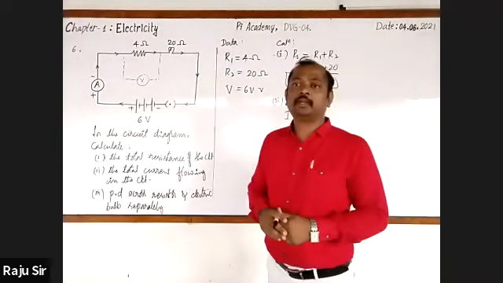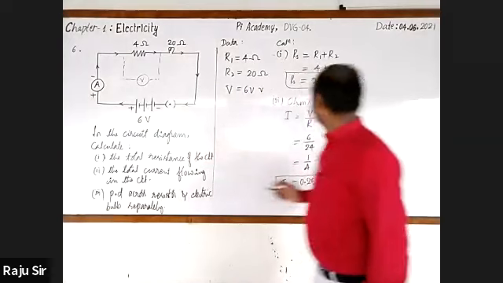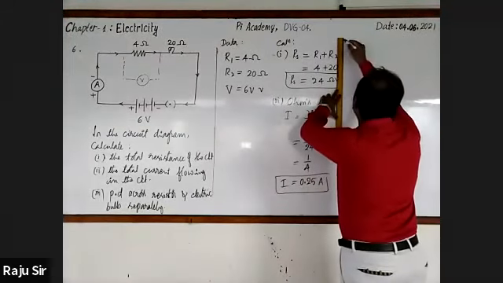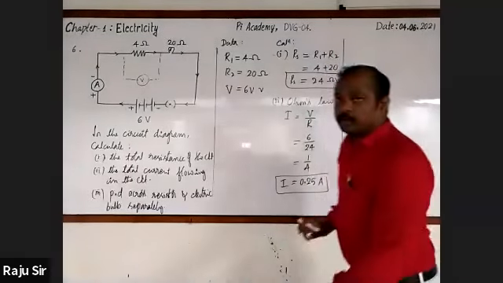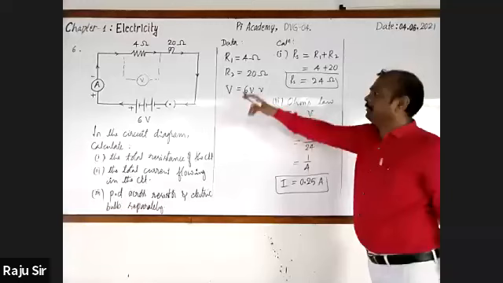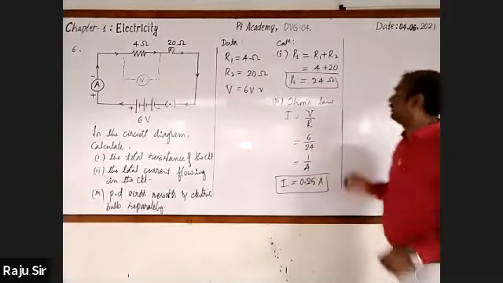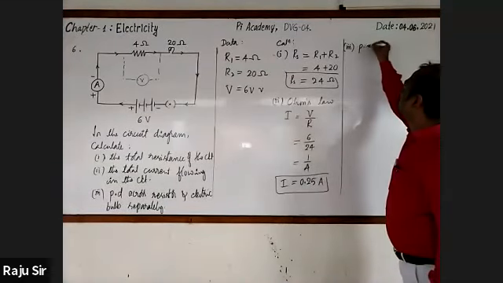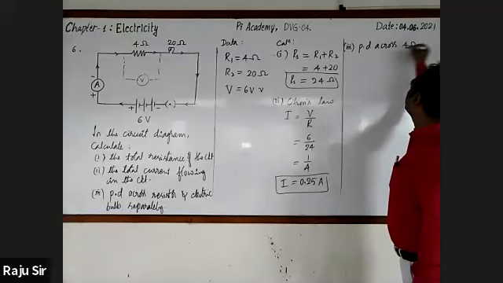That voltmeter reading should be found out. Let's go for finding. Let us take the potential difference across 4 ohm as V1. Third one: potential difference across 4 ohm.